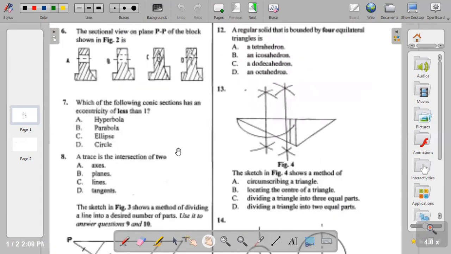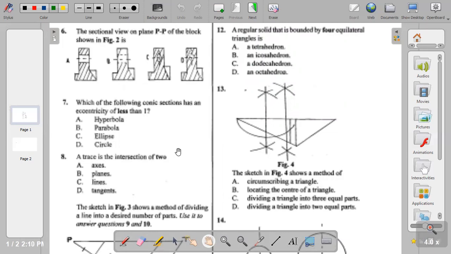Question 7. Which of the following conic sections has an eccentricity of less than 1? A, hyperbola, B, parabola, C, ellipse, D, circle. Now, when the eccentricity is less than 1, it is ellipse. When the eccentricity is 1 or unity, we call it parabola.